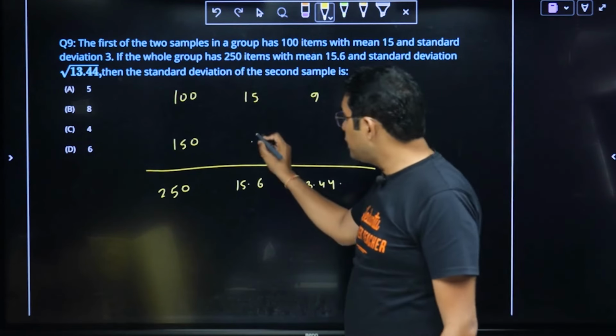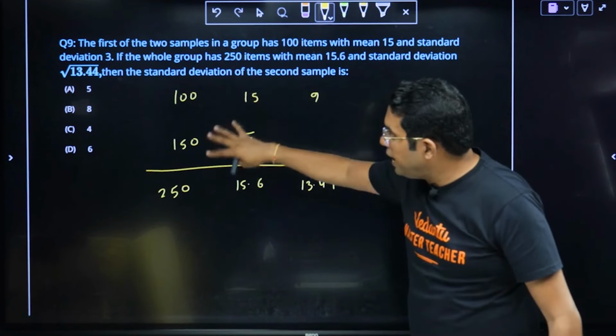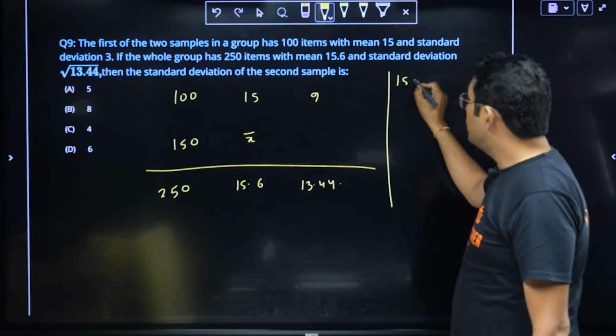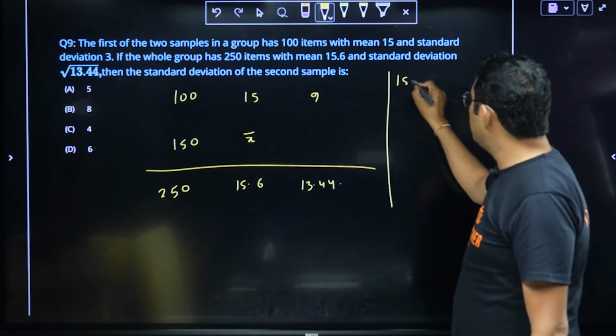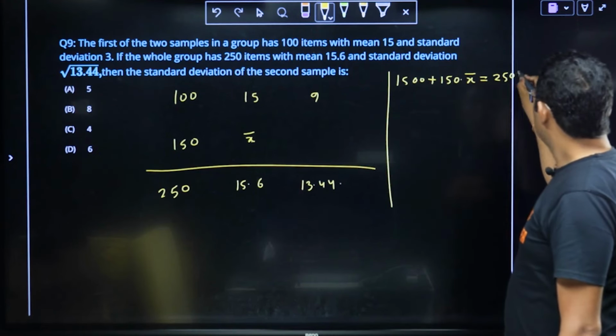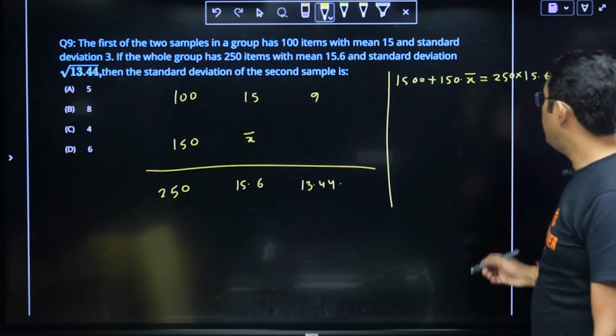First of all, I will find the mean, because the mean of this combined data is 15.6. So we can use a very simple relation: 100 into 15, that is 1500, plus 150 into x bar, is equal to 250 into 15.6. From this we can find the value of x bar.